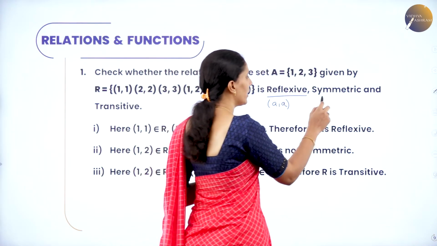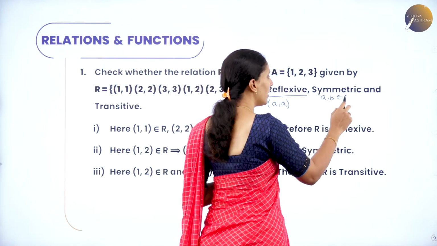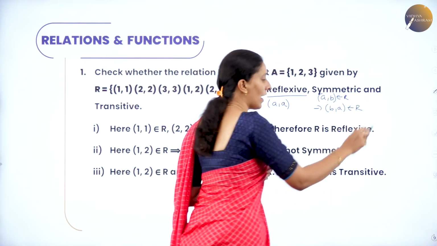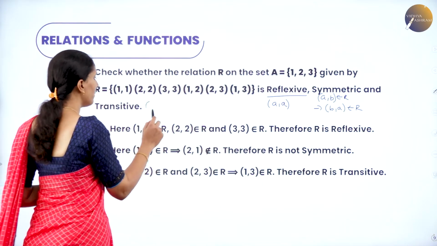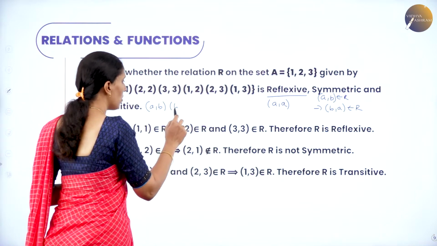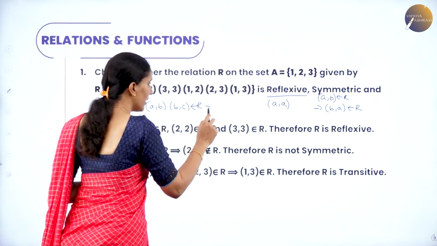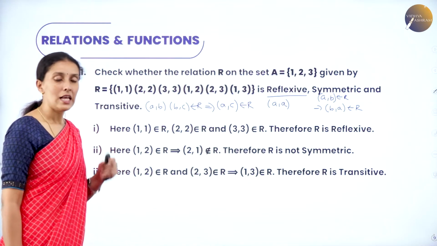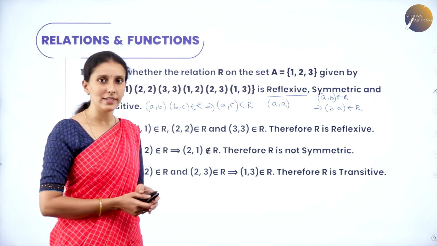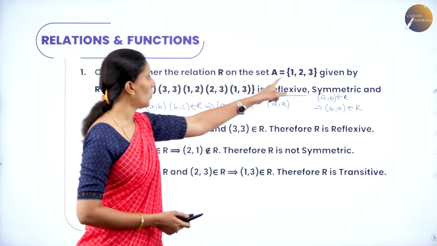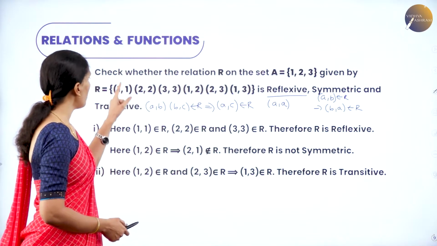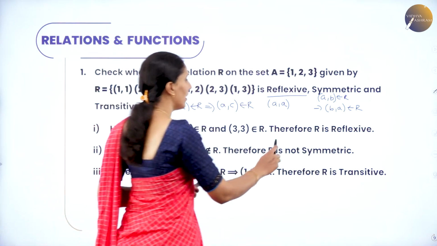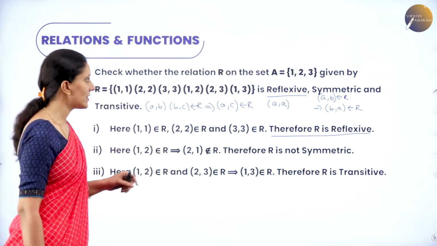For symmetric, if (a, b) belongs to R, then (b, a) should also belong to R. For transitive, if (a, b), (b, c) are in R, then there must exist an element of the form (a, c) belonging to R. Let us see if all the three conditions are satisfied. For the elements 1, 2 and 3, we have (1, 1), (2, 2), (3, 3) in R. Therefore, R is reflexive.